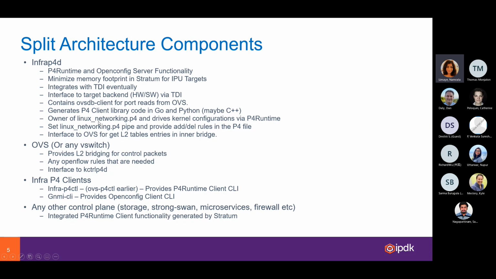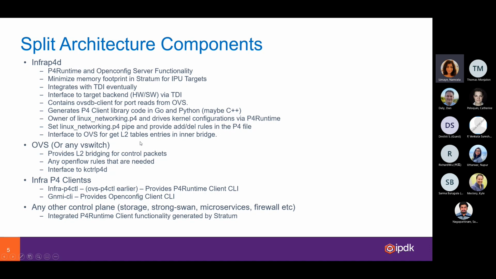Then this infra P4D is also the owner of linux_networking.p4, the example file that we have created for kernel acceleration. And this drives the kernel configurations via P4 runtime. So what we do is when we bring up this Linux networking or the SAI part of the code, this will add the Linux networking P4, and we will be able to provide the add and delete rules that are in the P4 file.